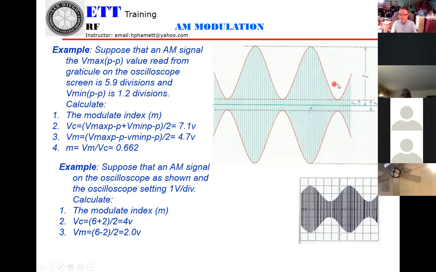So if they take the second one out before they transmit it, that's what they call a single sideband to save power. Right now it will be double sideband.